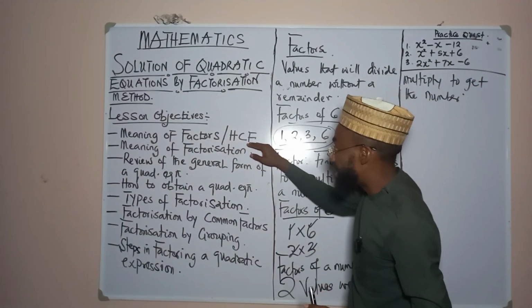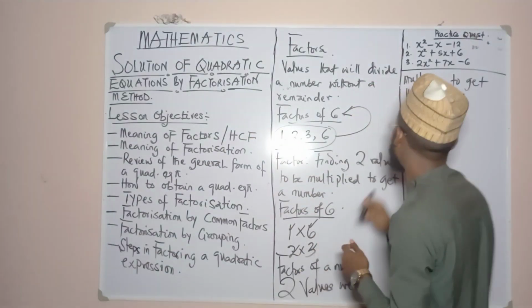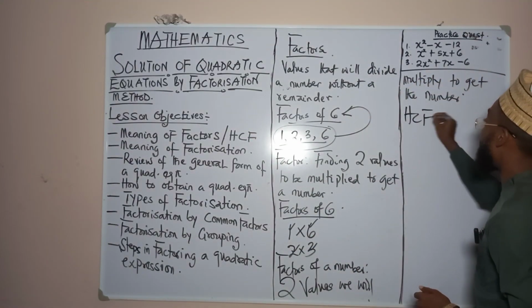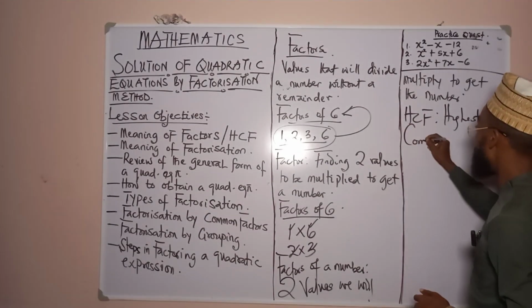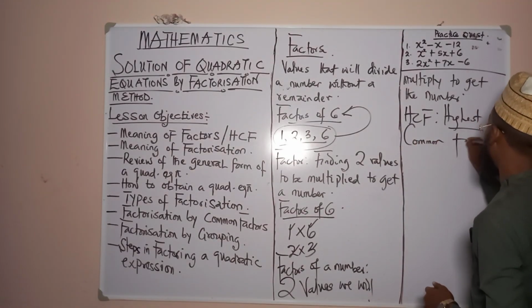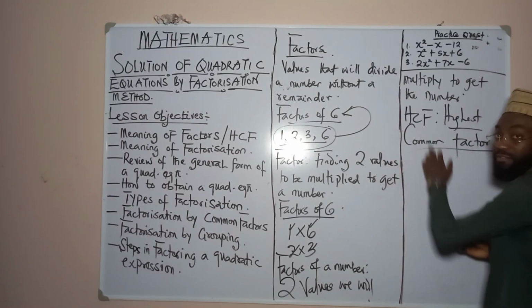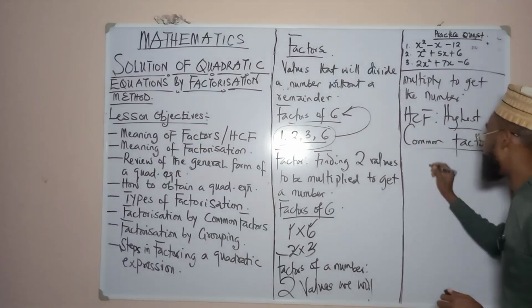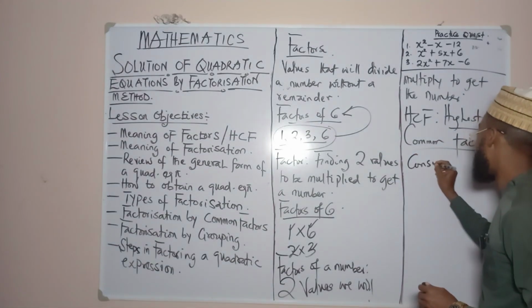Now, HCF. How do we find the HCF of two numbers? HCF is an acronym that stands for highest common factor. Now, when we discuss HCF, it means, for instance, you are going to be given two numbers.